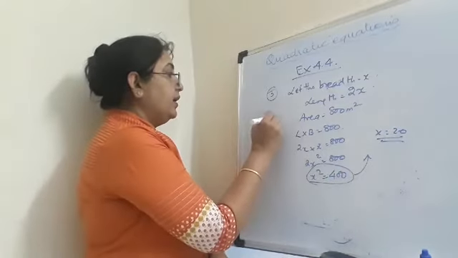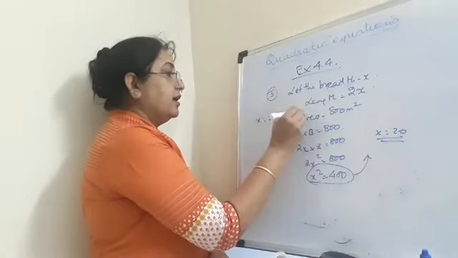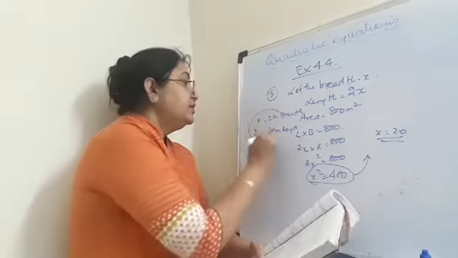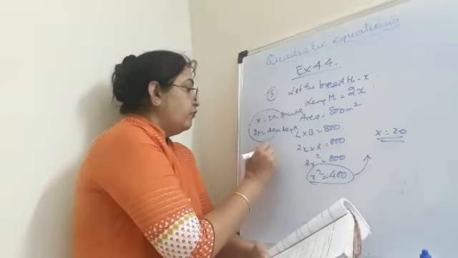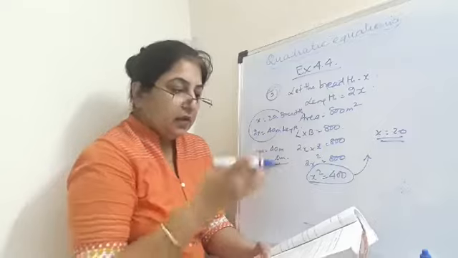X is equal to 20 means breadth is 20 and length will be equal to 2x, that is 40 meter. So we can say that yes, the situation is possible, or we can construct a rectangular mango grove with these dimensions. Answer 40 meter and 20 meter. This is question number 3, right?